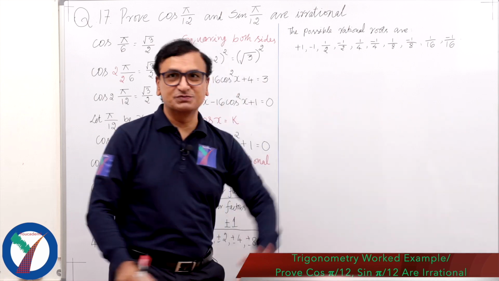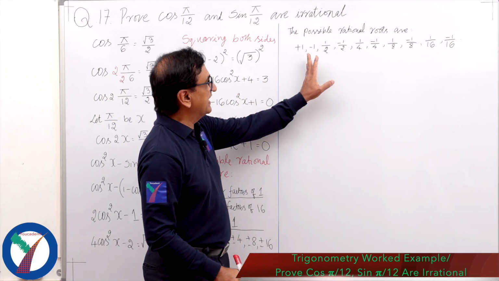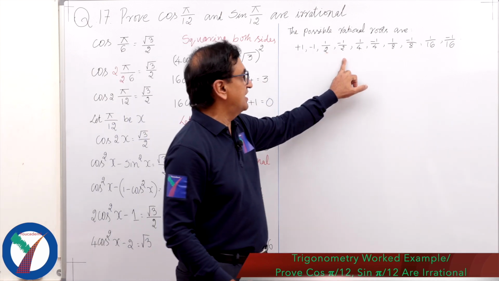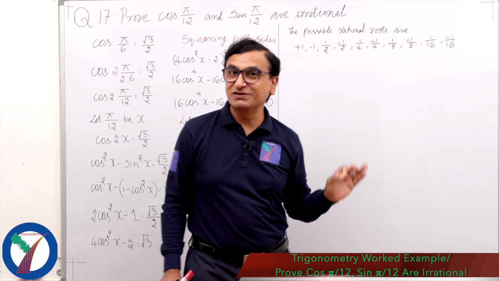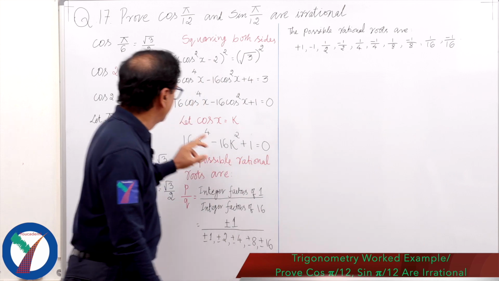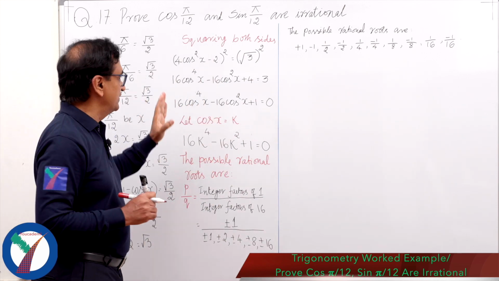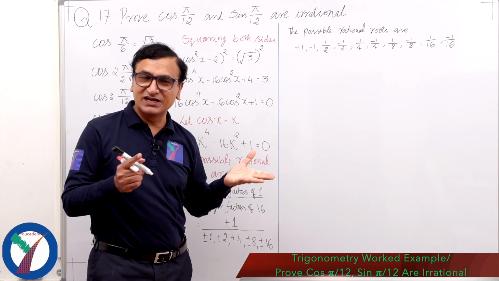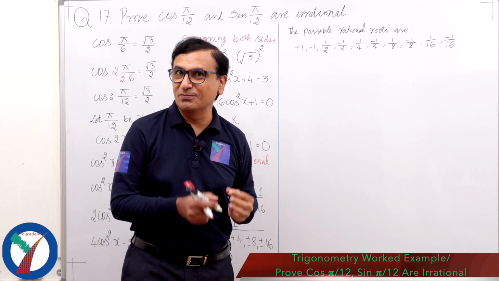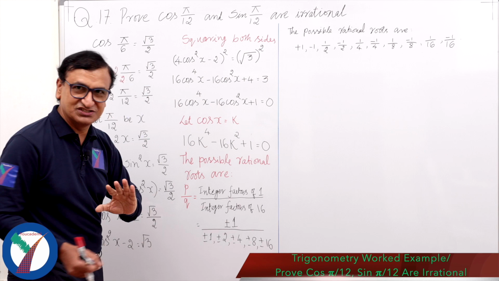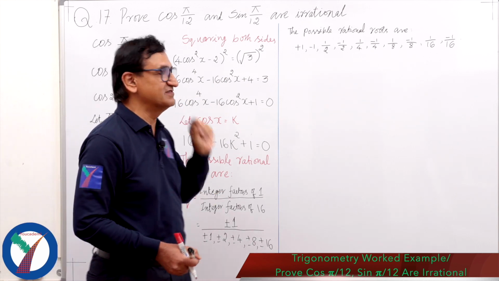So these are the possible rational roots. Now I have the negative terms, that is minus 1, minus half, minus 1 by 4, minus 1 by 8 and minus 1 by 16. Actually, we did not check these numbers because both are even powers. So whether you apply plus 1 or minus 1 or plus half or minus half or plus 1 by 16 or minus 1 by 16, it doesn't change. So we are going to check only for the positive values.